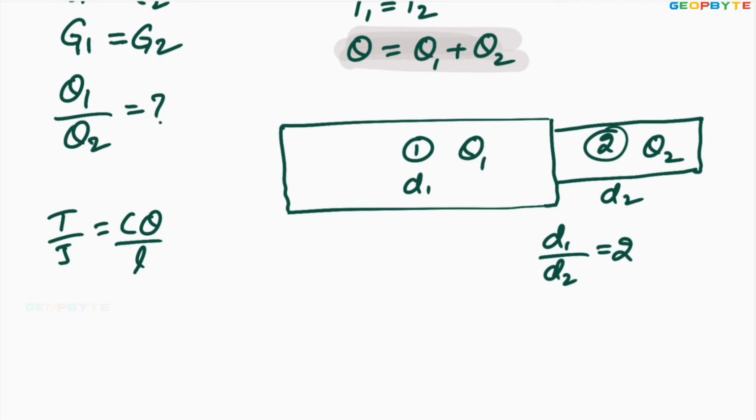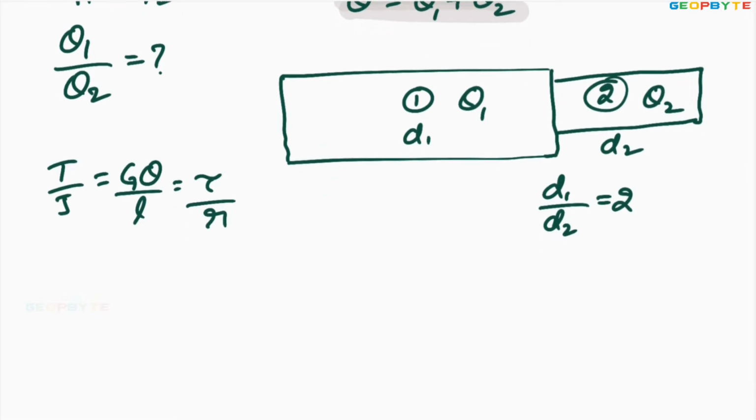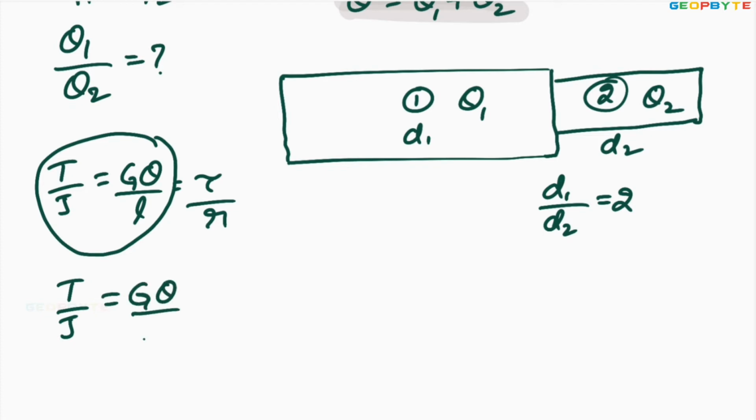Now T by J equal to G theta by L. I can also write G theta by L equal to tau by R. That is the torsion equation. Now from the first two relations, T by J equal to G theta by L. From this, angle of twist theta equal to TL by JG.